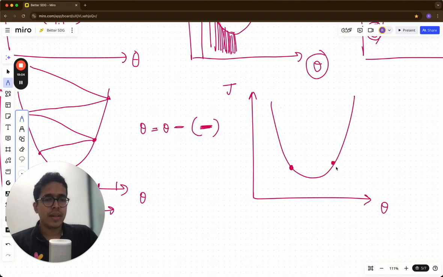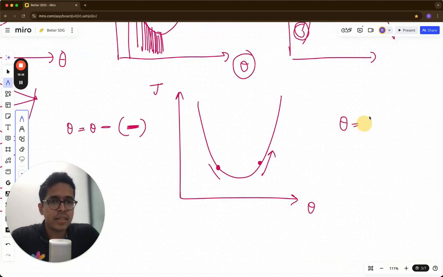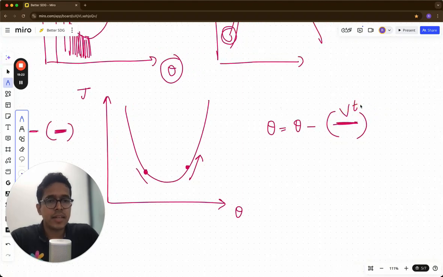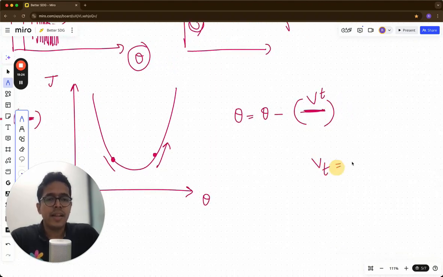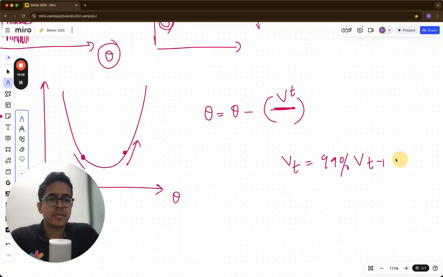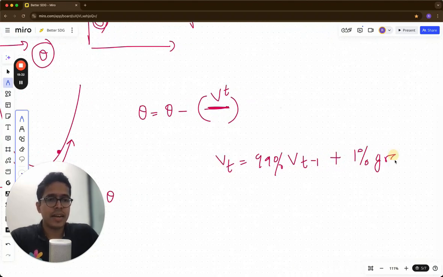So here the gradient was negative, here the gradient is positive. Although the gradient is positive in this case, the updation of theta is theta minus some number, and this number is the velocity term Vt, and Vt is 99% Vt minus 1 plus 1% current gradient.